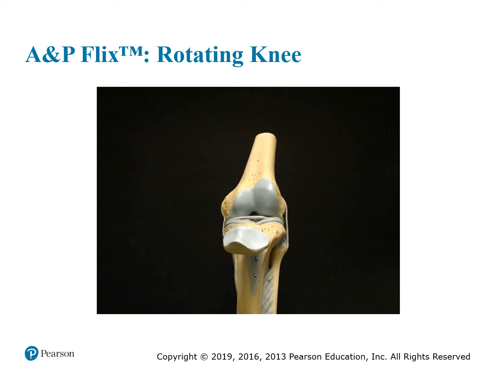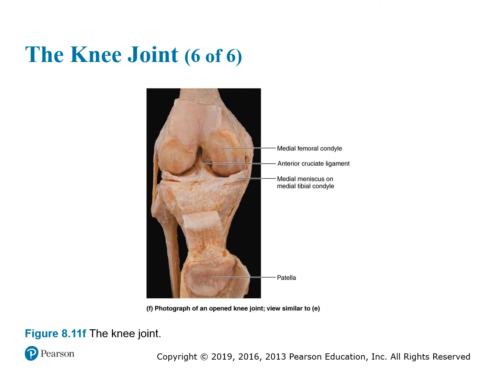And here's a 360-degree view of the rotating knee. Here we have a photograph of the cadaver knee, the medial femoral condyle, the anterior cruciate ligament, the medial meniscus, the lateral meniscus, and the patella is cut back.